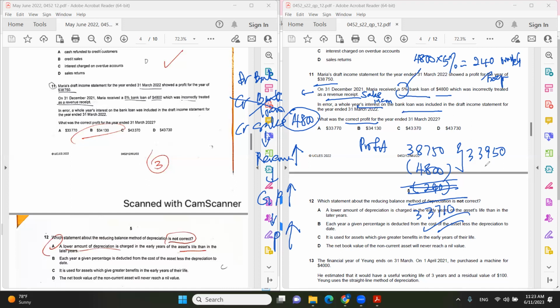If I minus twice, wait, I'm not correct the amount. 5%, 4,008 times 5, 240. Profit before, what was the correct? In error, a whole year interest on the bank loan was included in the draft for the year.